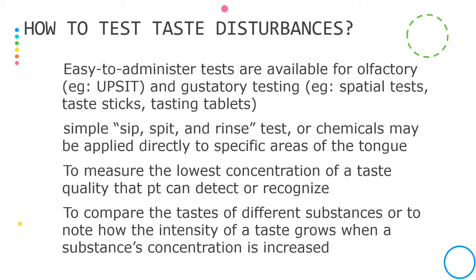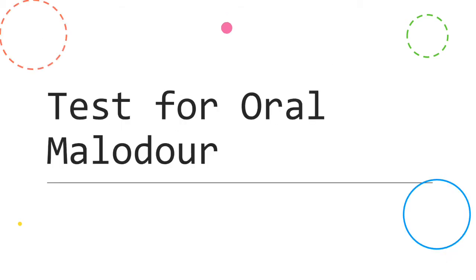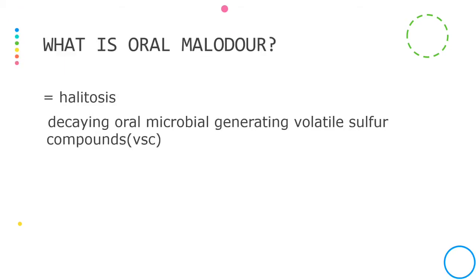Now, moving on to the test for oral malodor, essentially known as bad breath. Oral malodor, also known as halitosis, happens when oral microbes decay and start generating volatile sulfur compounds, also known as VSC.